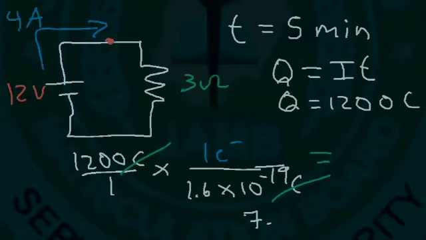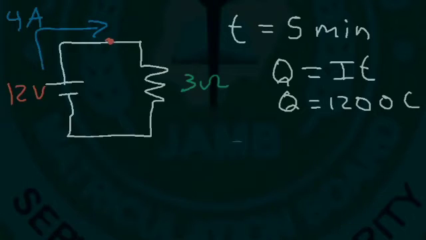Now, you need to be careful. You need to know the difference between conventional current and electron flow. Conventional current describes the flow of positive charge. So in this circuit, the current is flowing clockwise. That is not the electron flow. The electrons are flowing counterclockwise.